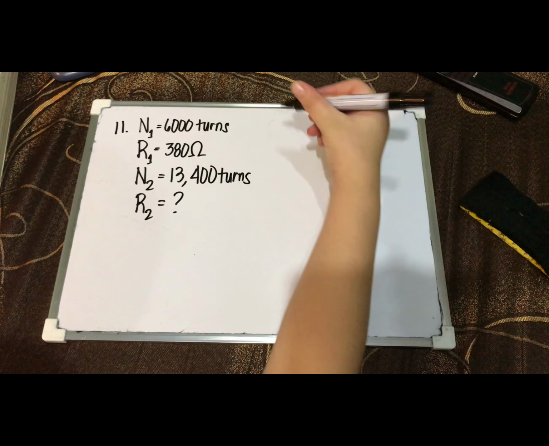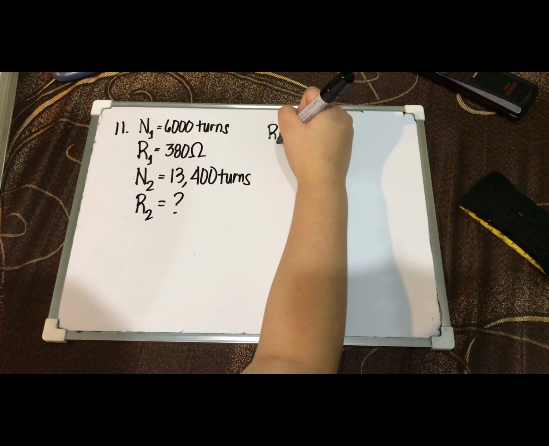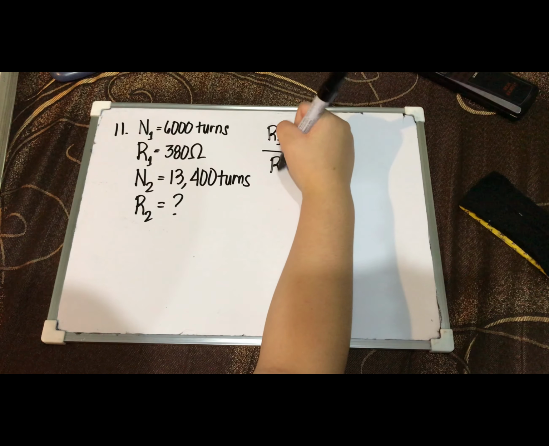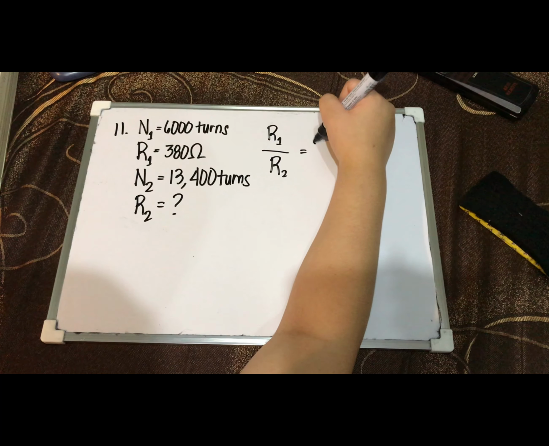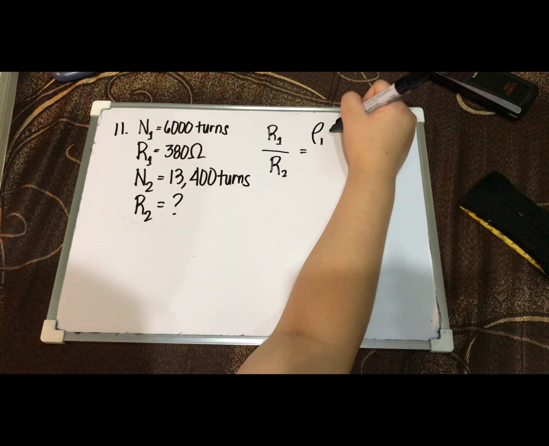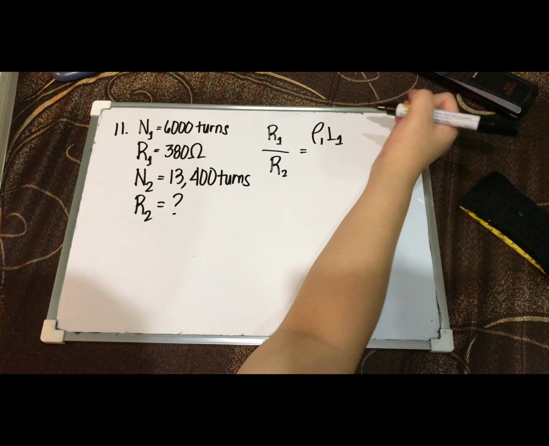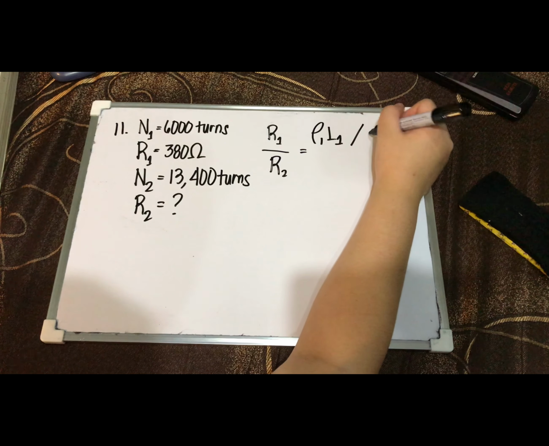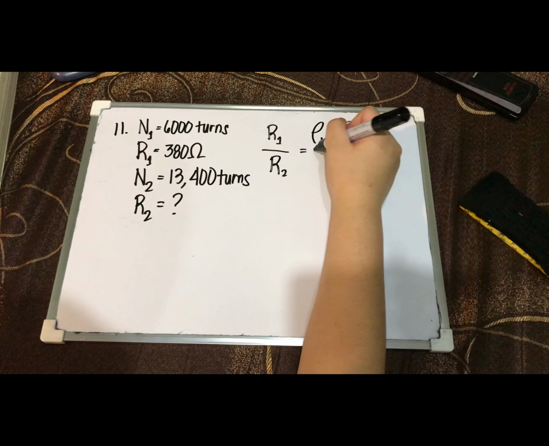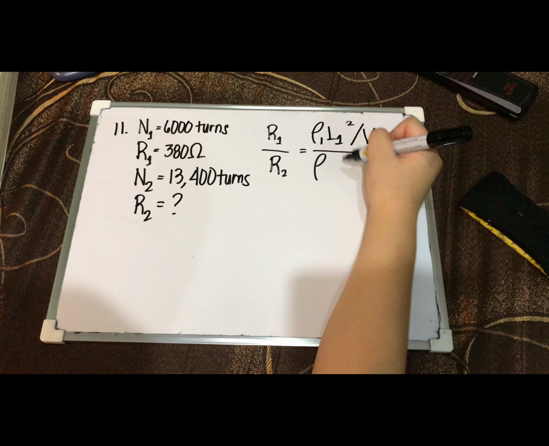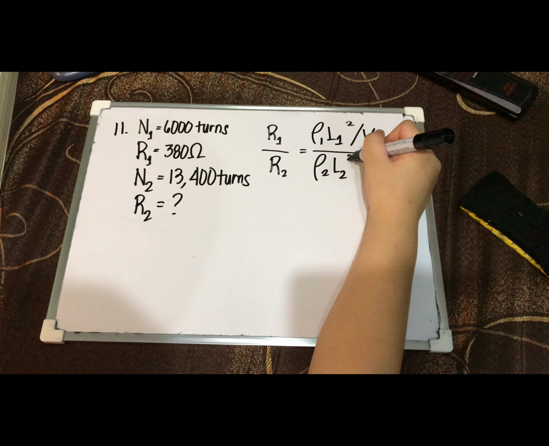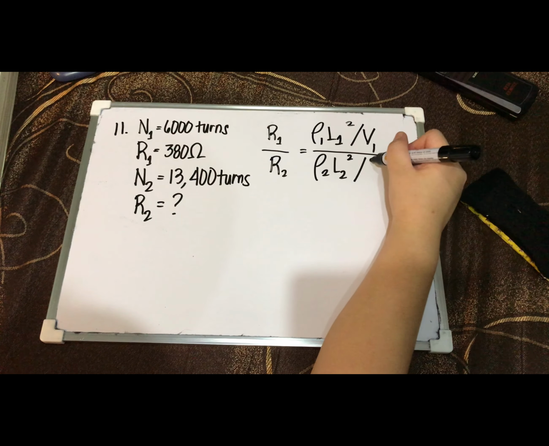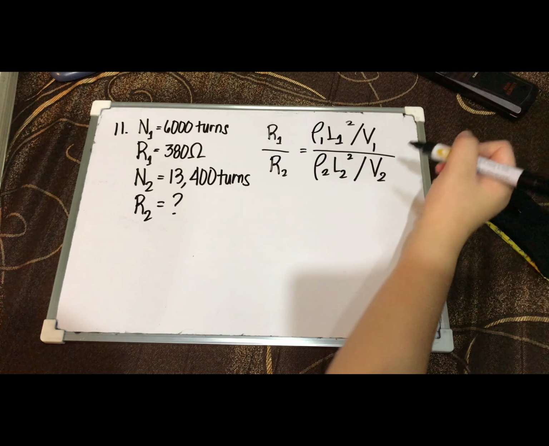Then, we have R1 over R2 is equal to specific resistance 1 times length 1 squared over V1, over specific resistance 2 times length 2 squared over V2.